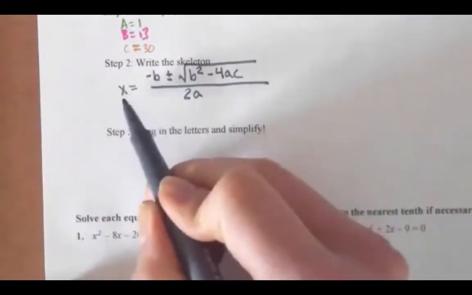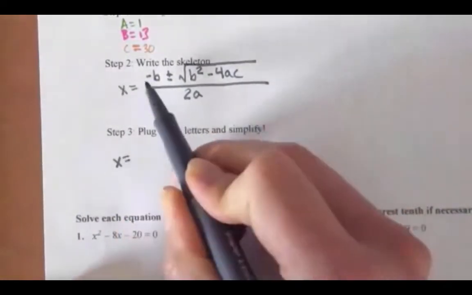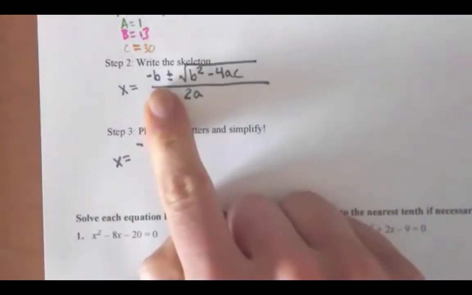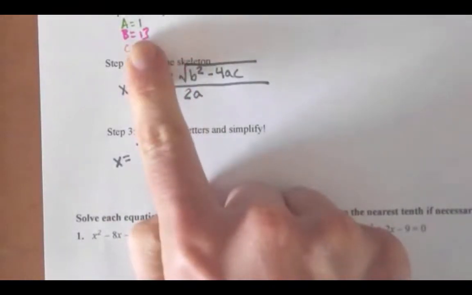So I still start with x equals. I write the negative sign, but instead of just writing b, I'm going to use my number up here for b, which was 13.